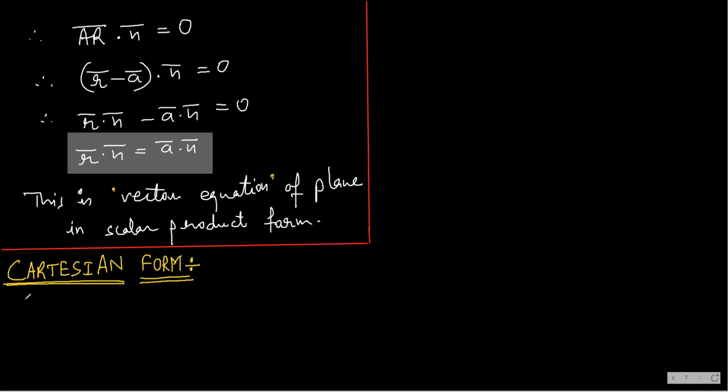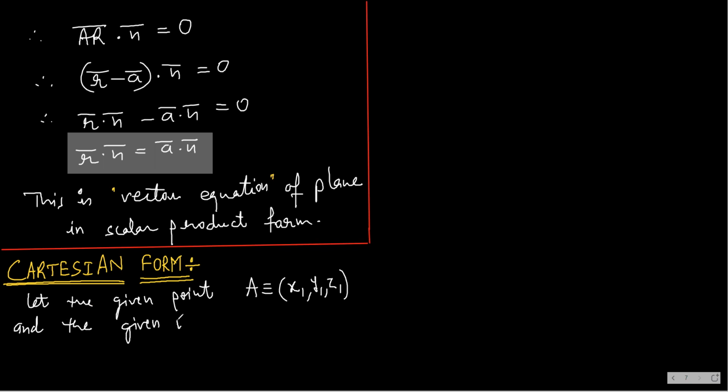So let me assume here, let the given point A be x1, y1, z1, and the given normal vector n bar be say a1 i cap plus b1 j cap plus c1 k cap.